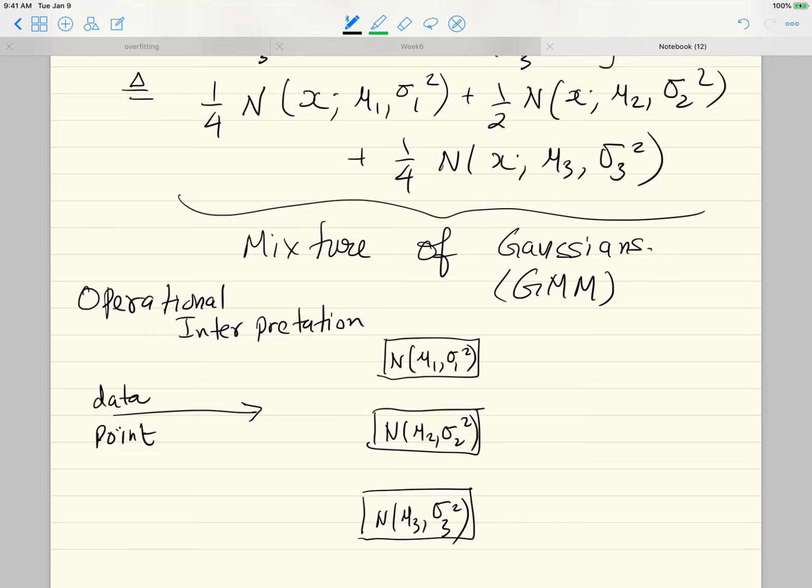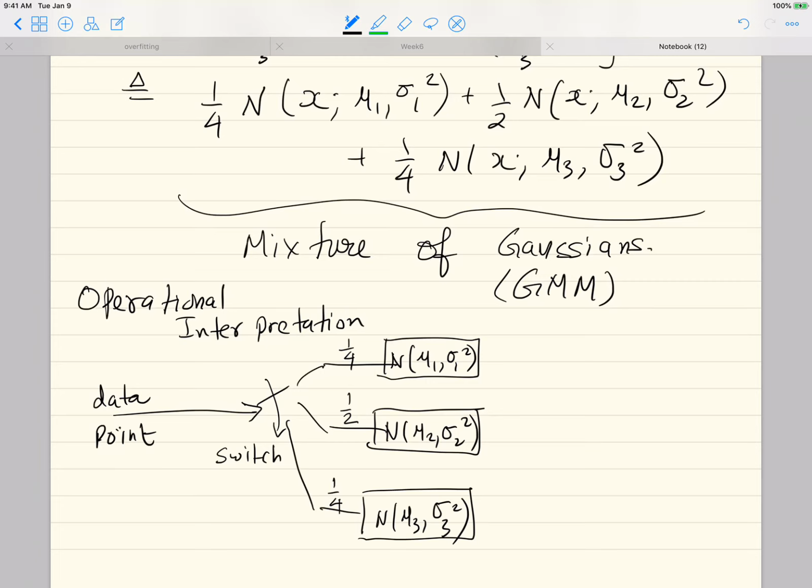You have a switch here that can select one out of these three branches. There are three possible Gaussians you can use to sample any given data point. Your switch connects to the first one with probability 1/4, the second branch with probability half, and the third branch with probability 1/4.